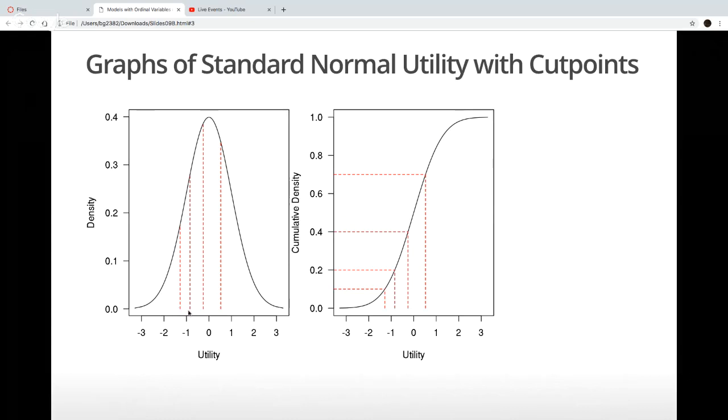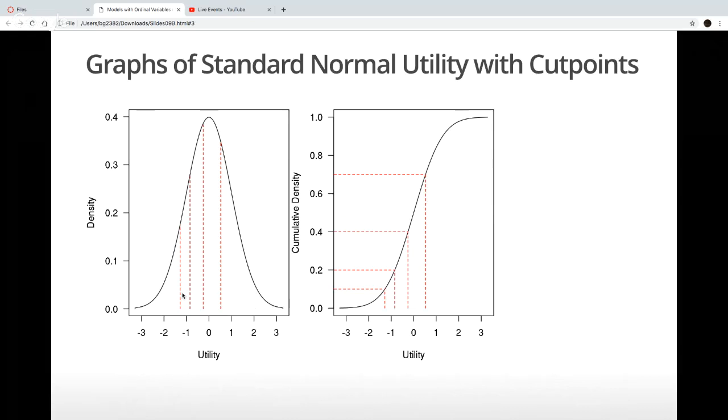And if your utility is close to -1, you're in this sort of narrow range here, then you're going to answer in category 2. And if you're to the right, anywhere to the right of like 0.5 on standard normal utility, then you're answering the highest of the 5 categories.